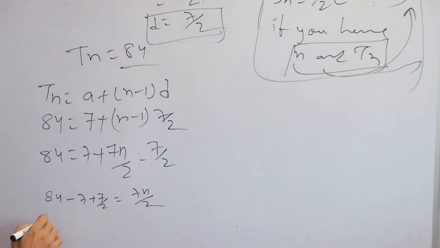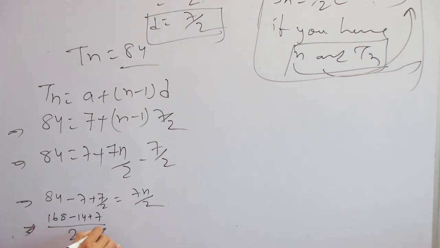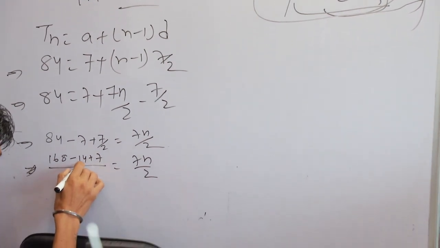Now what is the LCM? LCM of 1 and 2, that will be 2. 84 twos are 168, 168 minus 14 plus 7, that is equal to 7n by 2. Now 168 minus 7, that means minus 14.